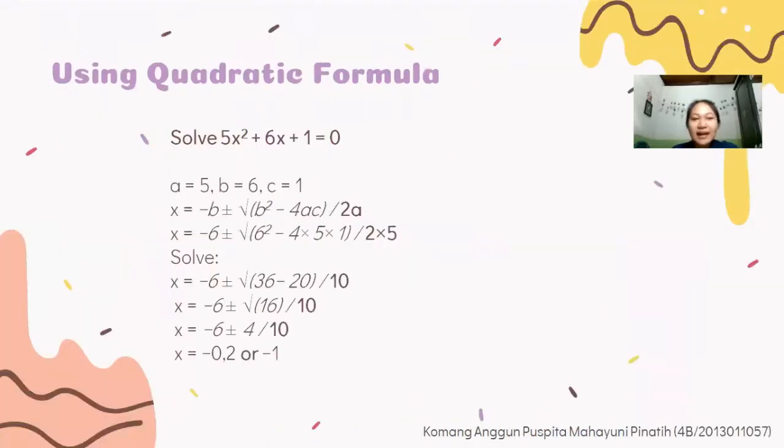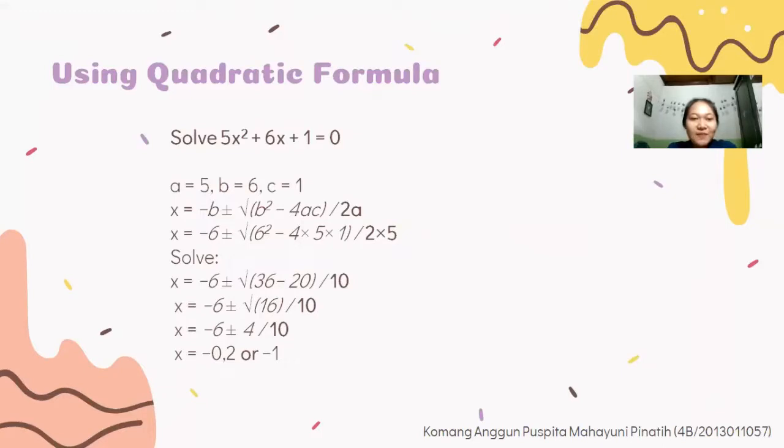And the third is using the quadratic formula. For example, 5x squared plus 6x plus 1 equals 0. As we know, a is 5, b is 6, and c is 1. We use the quadratic formula that I explained before, that is x equals minus b plus or minus the square root of b squared minus 4ac, divided by 2a.